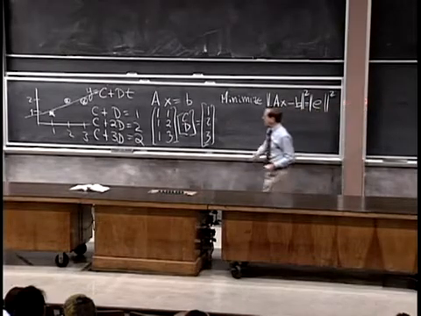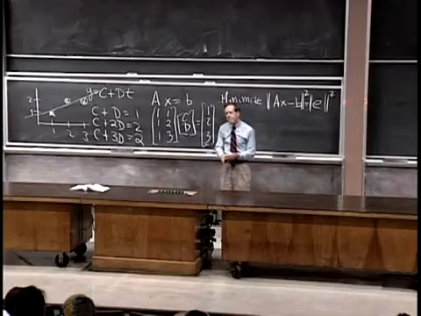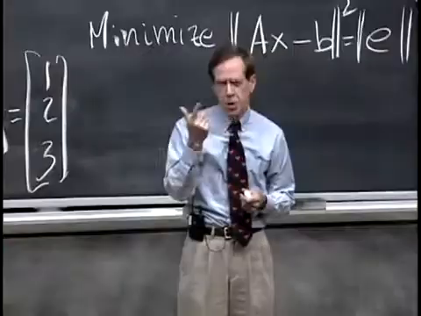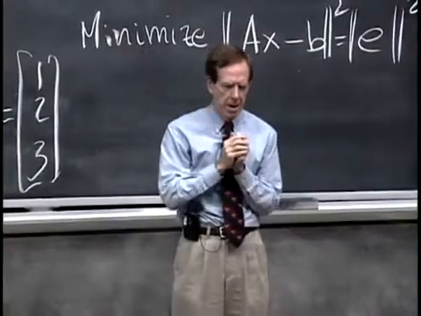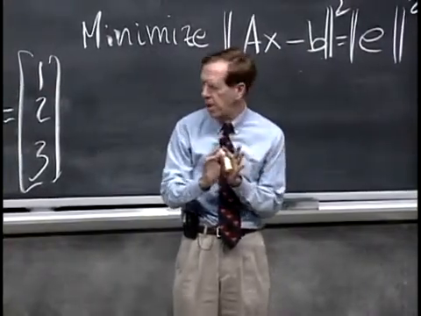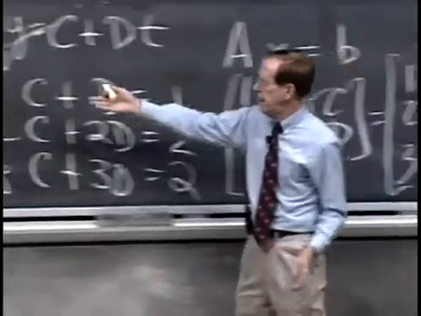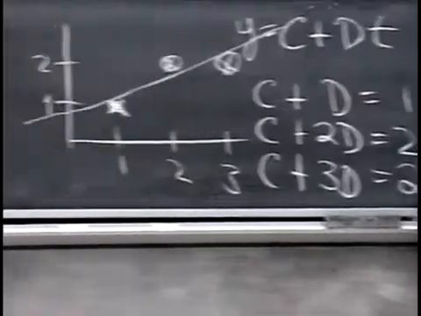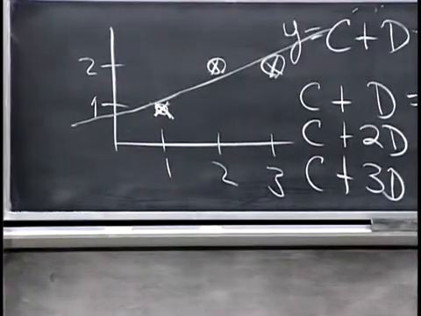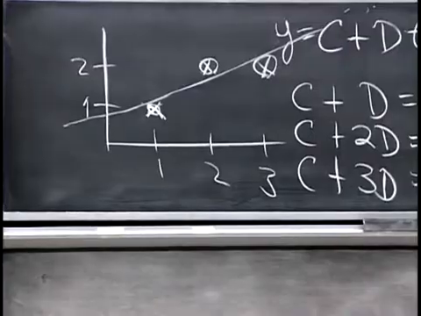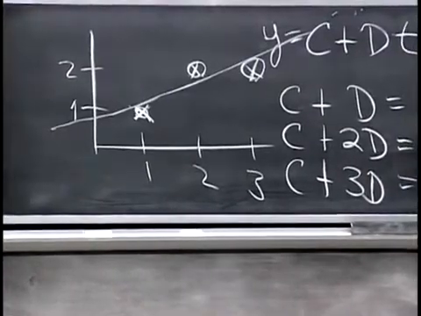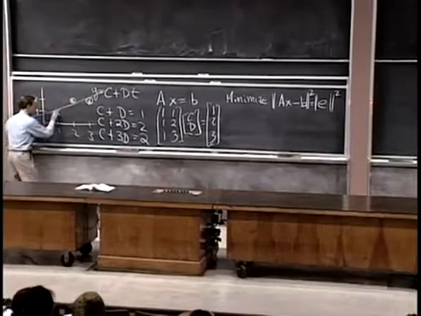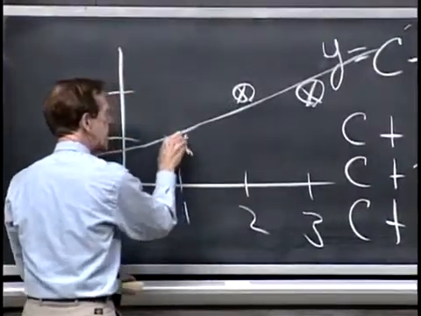What's this error vector in my picture? I guess what I'm trying to say is there are 2 pictures of what's going on. One picture is this, the 3 points and the line. And in that picture, what are the 3 errors? The 3 errors are what I miss by in this equation. So it's this little bit here, that vertical distance up to the line.